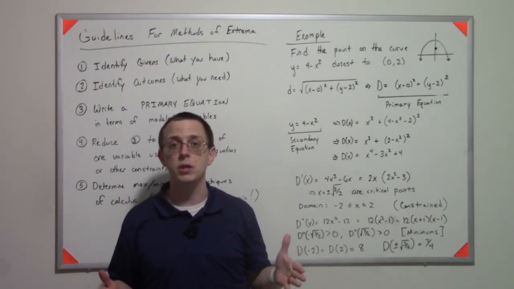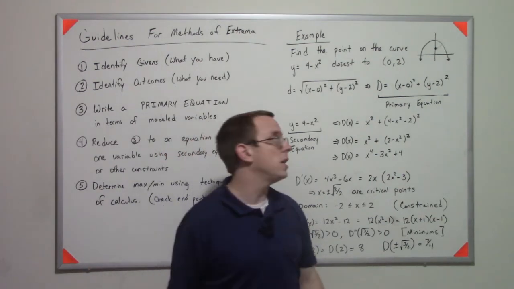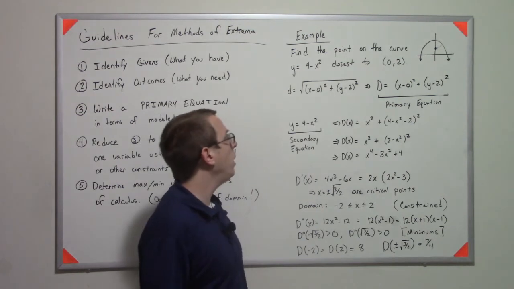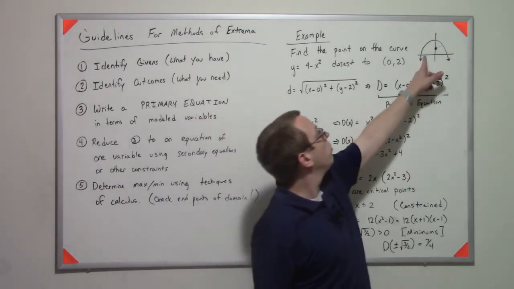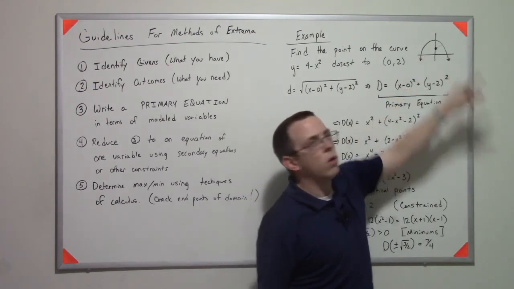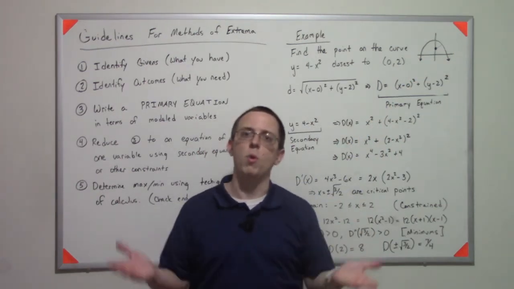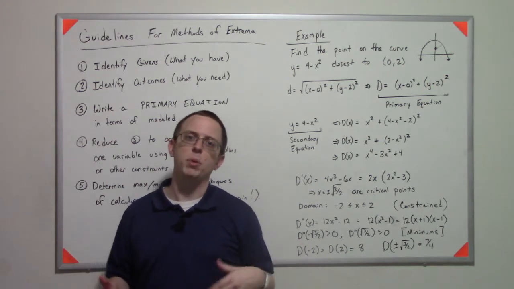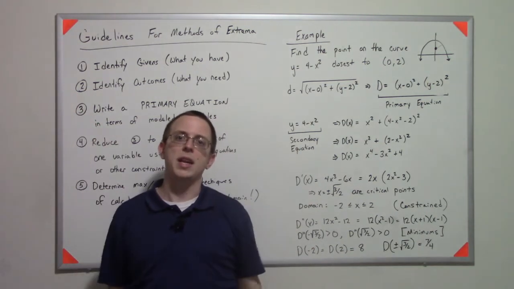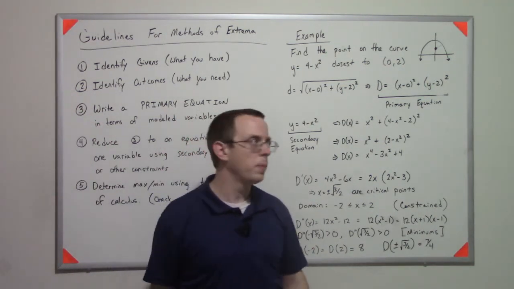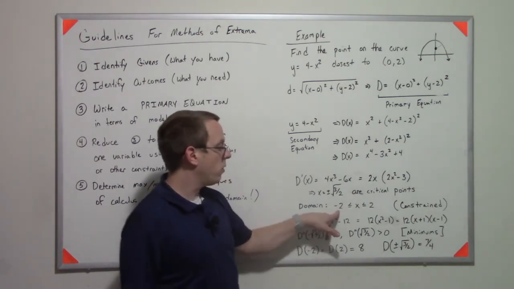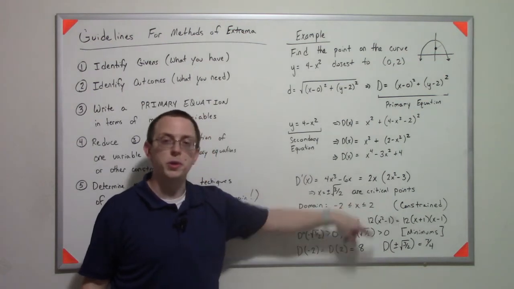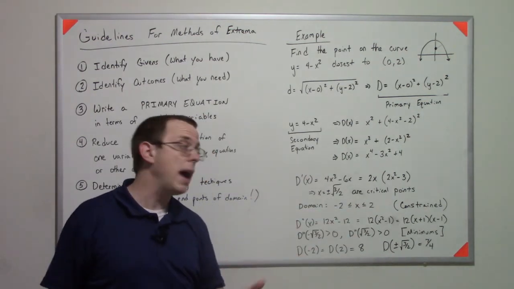You don't have to do this, but you could constrain it and say, okay, well, I'm only going to concern myself with the points that are positive for y, or at least non-negative, because once I know I cross that axis, I know I've gone too far. Well then, if that's true, then we could say, all right, as long as x is between -2 and 2, that'll be our domain. Again, you don't have to do this.